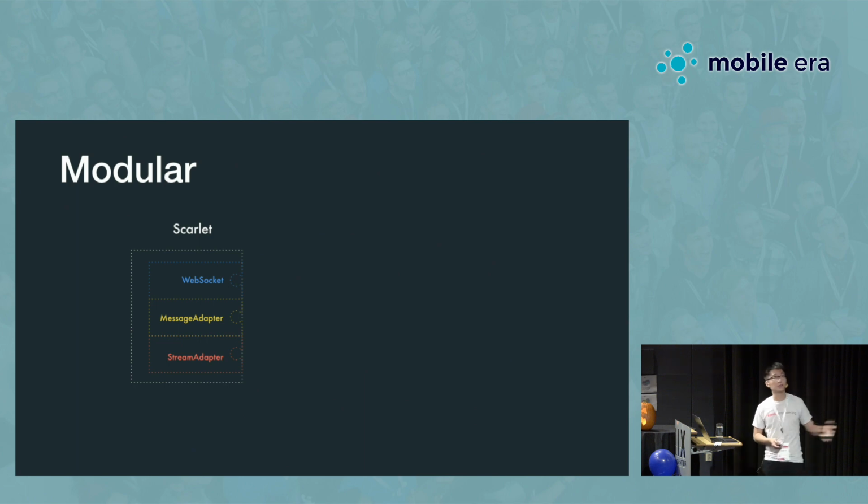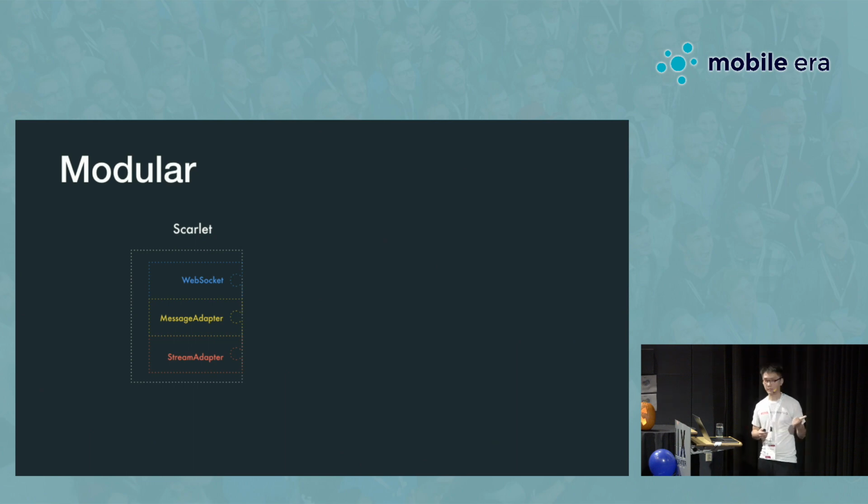WebSocket, which is the first plugin, is an interface that hides specific WebSocket implementations from Scarlet. It enables Scarlet to work with any WebSocket implementations, or any WebSocket libraries that you prefer. The second plugin, Message Adapter, encapsulates the serialization and deserialization of messages.